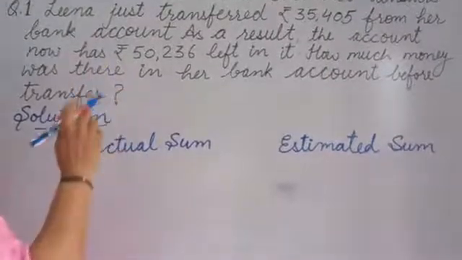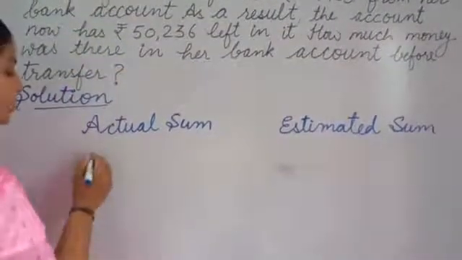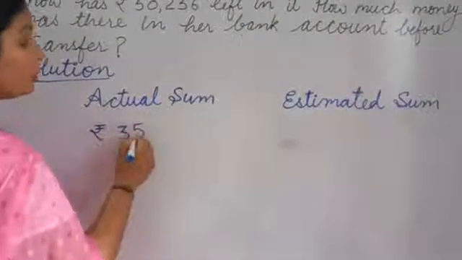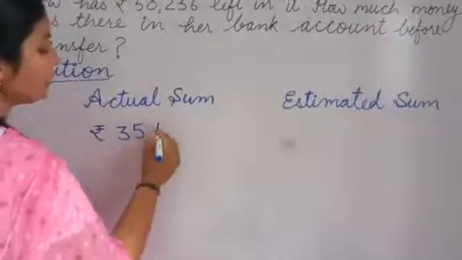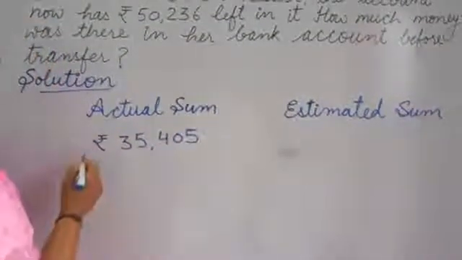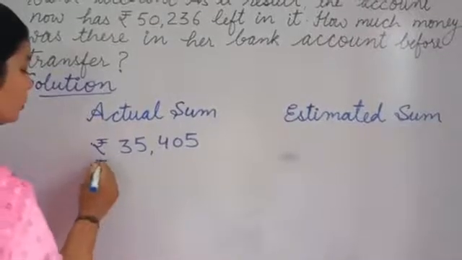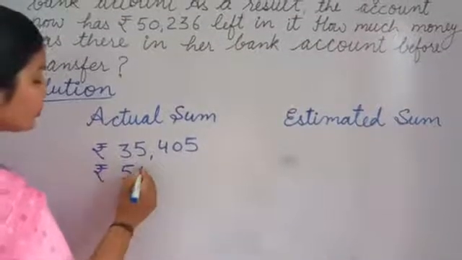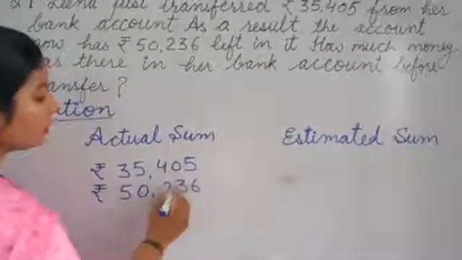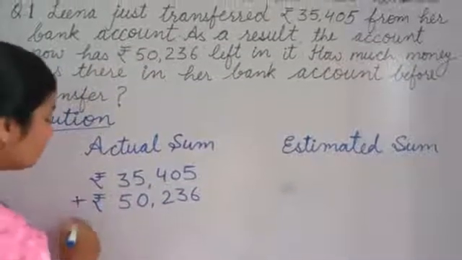Here the first number is rupees 35,405 plus rupees 50,236. Now we add them.